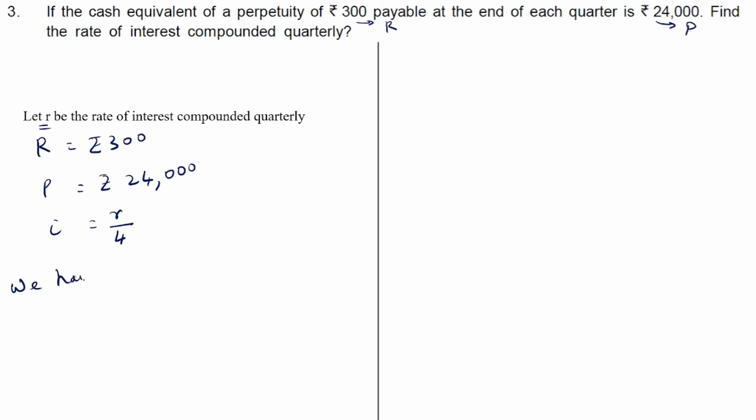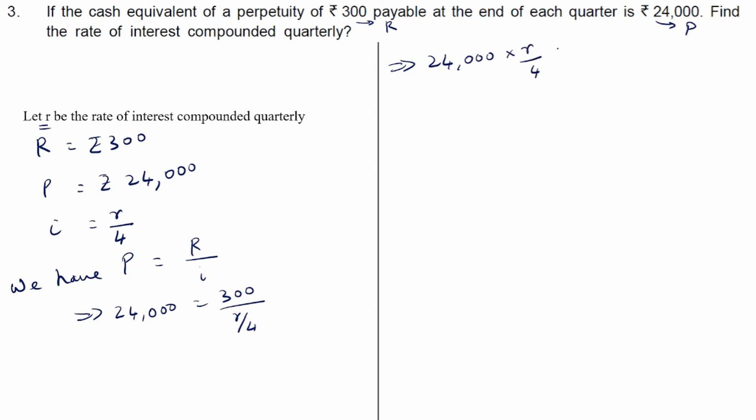So using the formula, present value of perpetuity P is equal to R by I, we have 24,000 equal to 300 upon R by 4. Or we have 24,000 into R by 4 equal to 300.